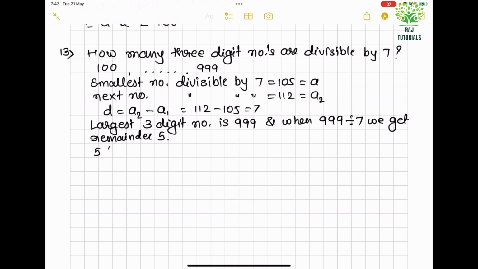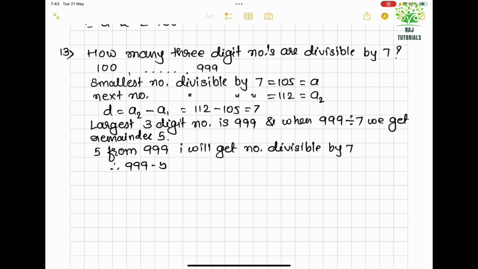If I subtract 5 from 999, I will get a number divisible by 7. So 999 minus 5 will be equal to 994. Now if you carefully see, 994 is divisible by 7. So therefore I can say AN equal to 994.